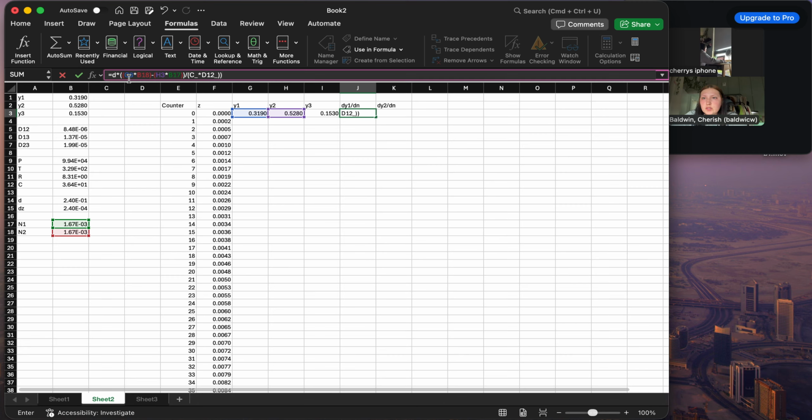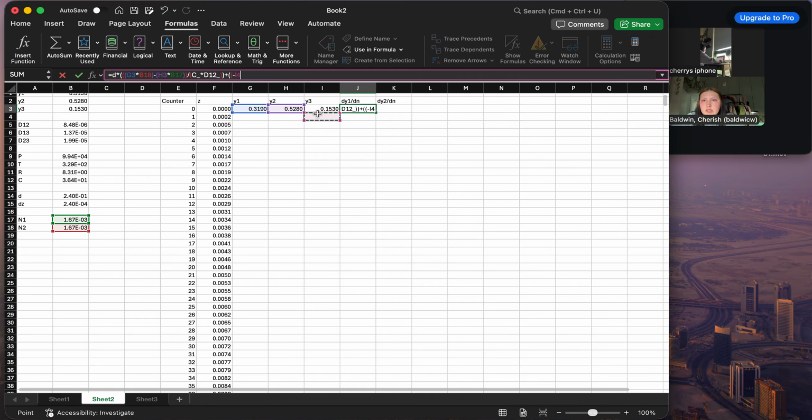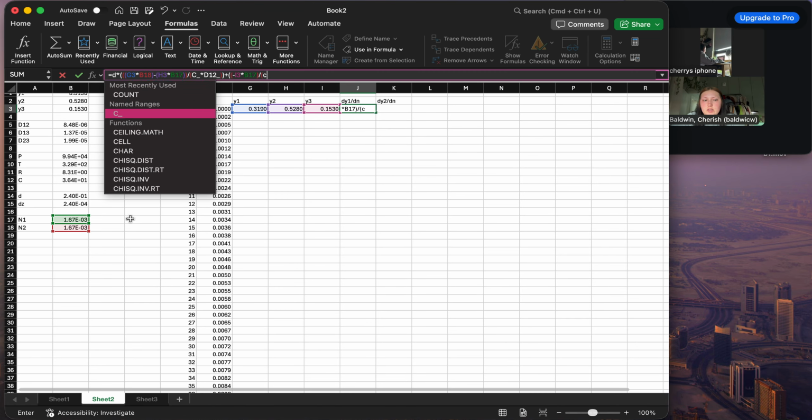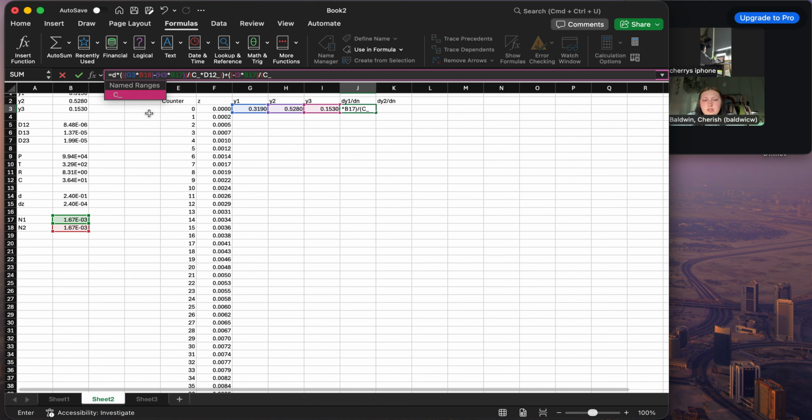Alright, perfect. Now let's make sure that these are perfect, plus negative Y3 times N1 divided by C times D13.